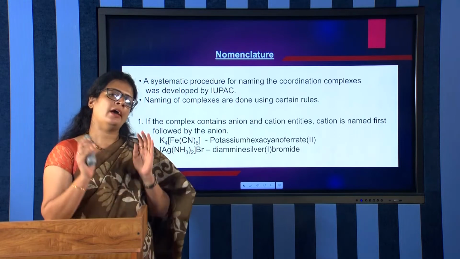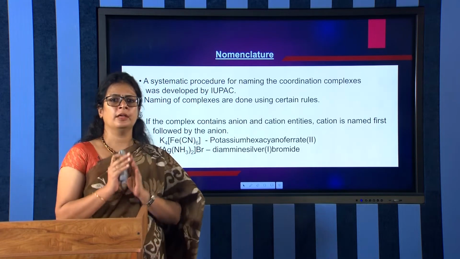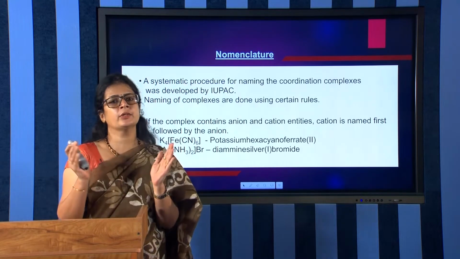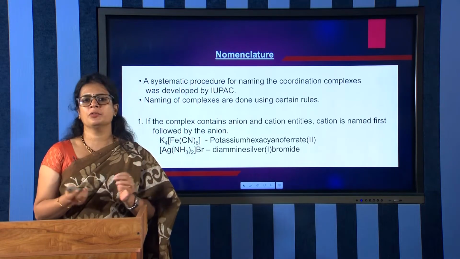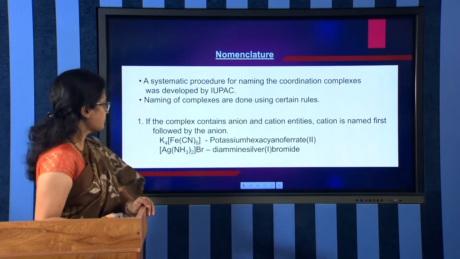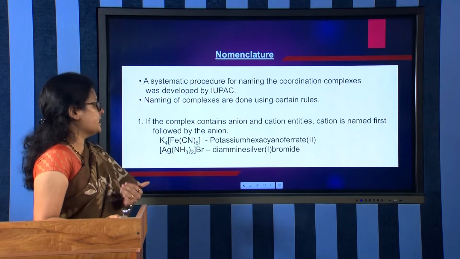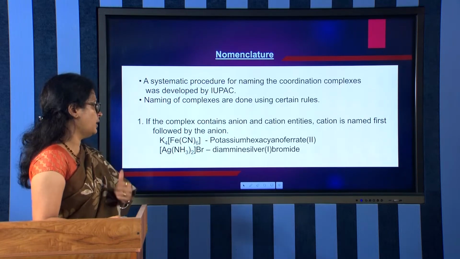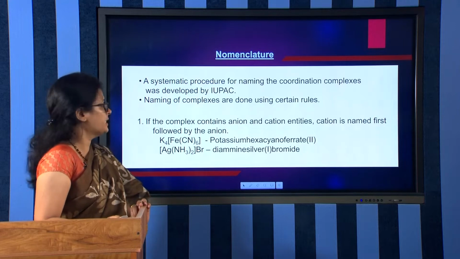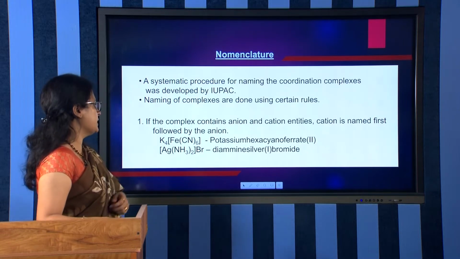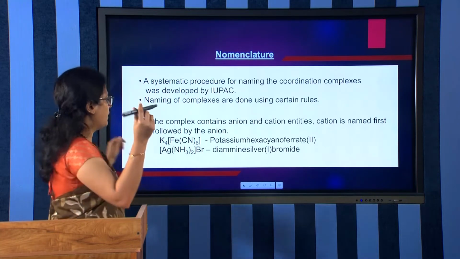So, when you are given a complex, whether it contains an anion or cation entity, you have to name the cation first. An example is K4[Fe(CN)6]. The complex contains two parts, an anionic part and a cationic part.